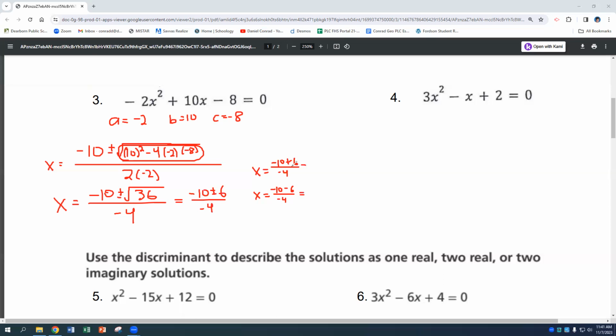That's going to give me -4 divided by -4, which is +1, and -16 over -4 is going to give me +4. So our solutions here are x equals 1 and x equals 4.